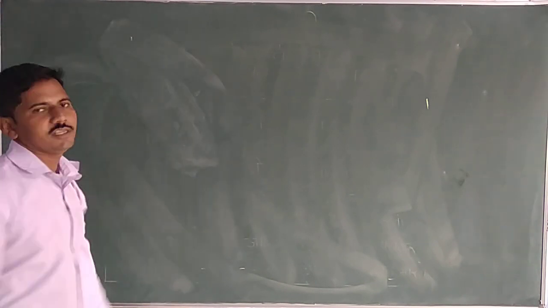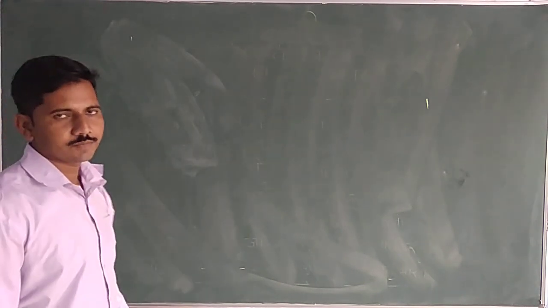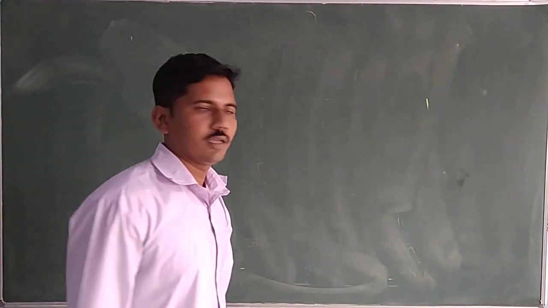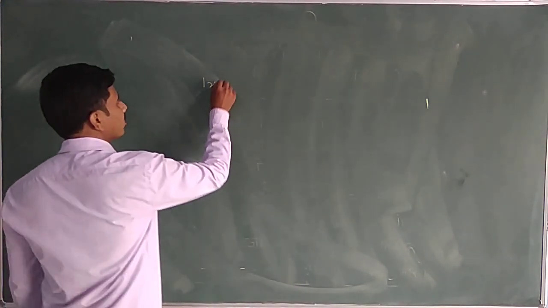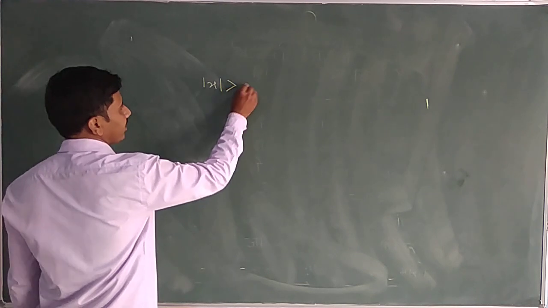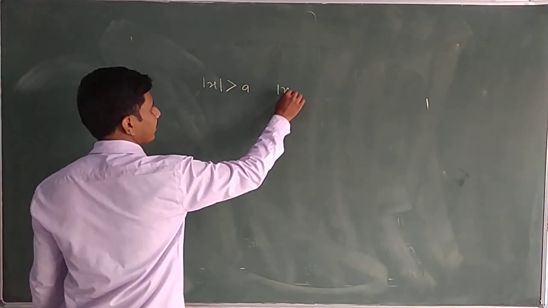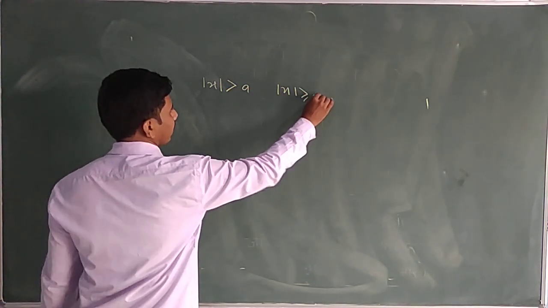We have seen some results of linear inequation. Suppose there is a modulus sign: modulus of x is greater than a, or modulus of x is greater than or equal to a.